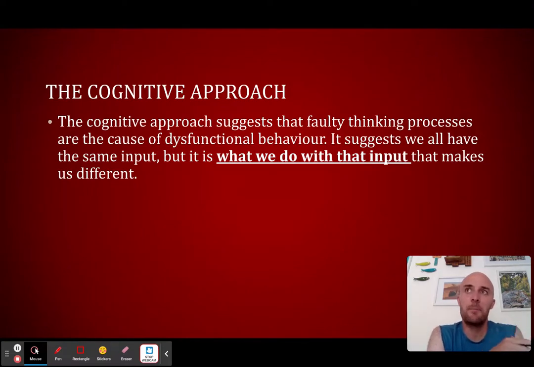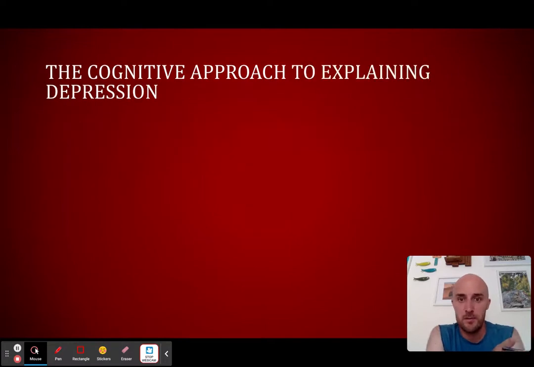It isn't what happens to you. It is faulty thinking that actually causes depression. It's your inability to rationally see things as they are. So it's not what happens to you, it is what you do with that input that makes us different, i.e., makes us depressed or not depressed.